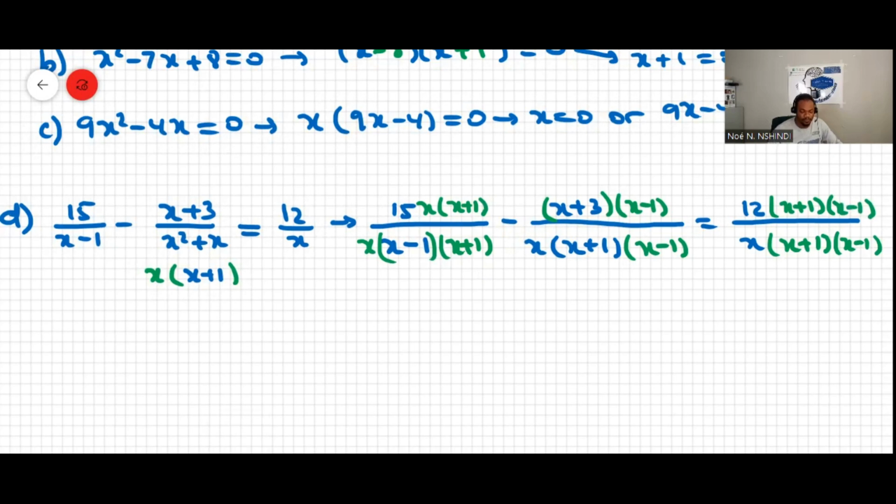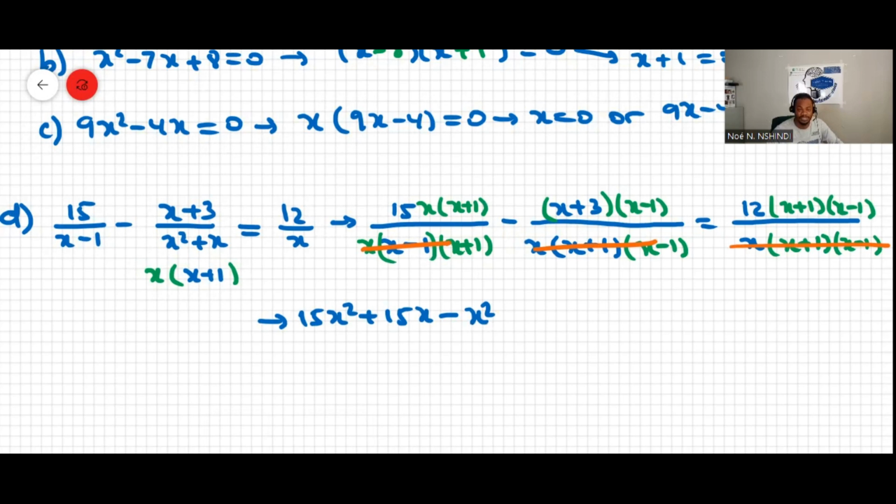Now that the denominators are common, we can just drop the denominators and deal with the numerator only. That makes 15x times x plus 1, which is 15x squared plus 15x. Then negative x times x makes negative x squared.